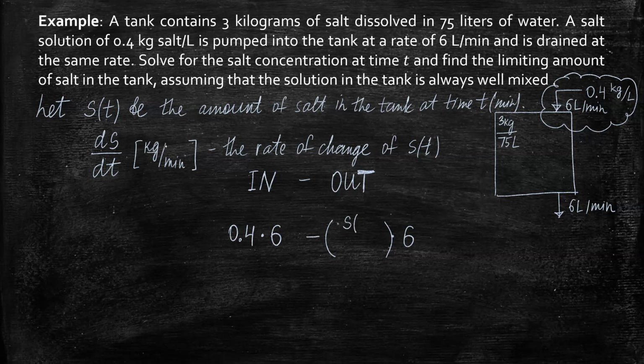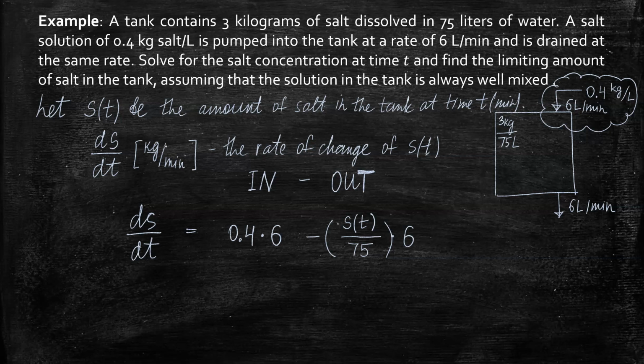Well, that's what S of t represents. So we take S of t and divide it by the volume of the tank, which is 75, and we multiply it by 6, and that gives us the rate at which the salt comes out. And all that together must be equal to dS over dt.